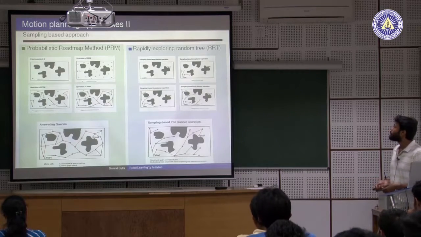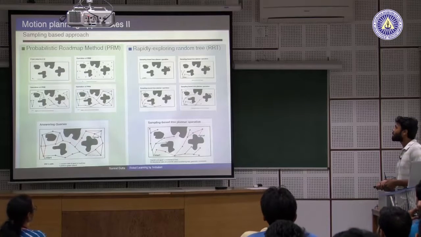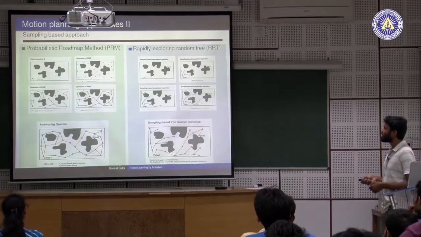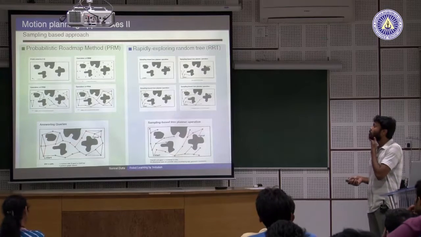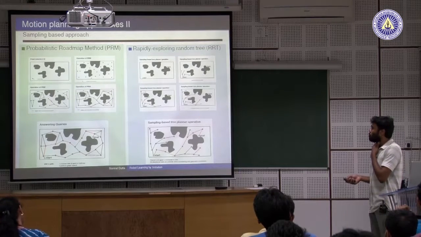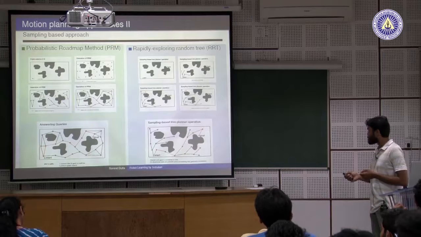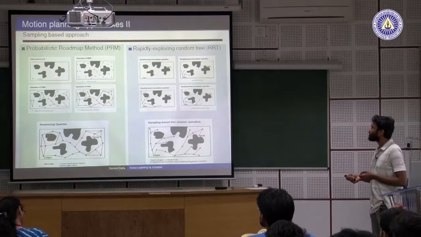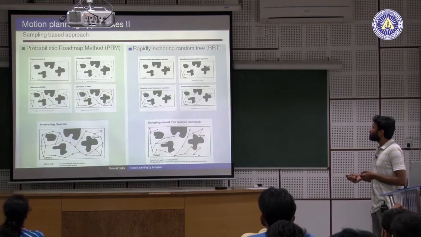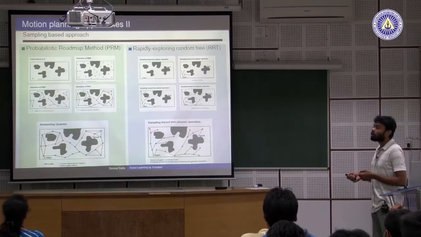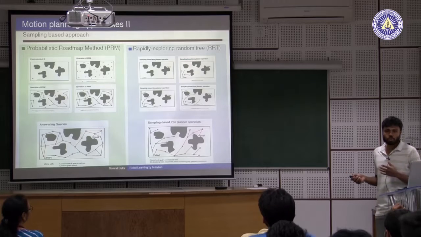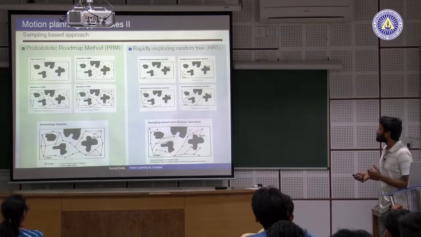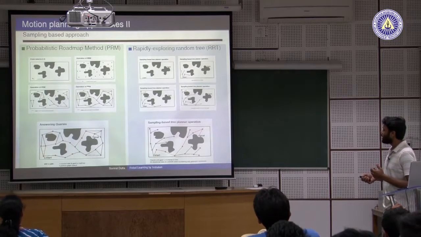Then people came up with sampling-based approaches, where the probabilistic roadmap was popular. Suppose this is your environment, where these are the free spaces. Based on the probability of the free spaces, initially a global planner samples the workspace, and then a connected graph is created.